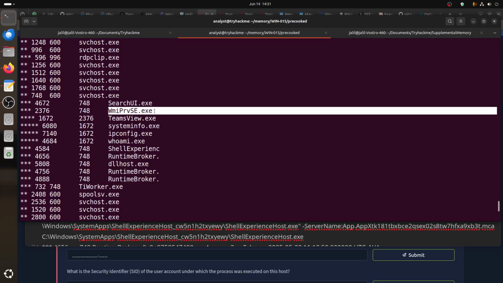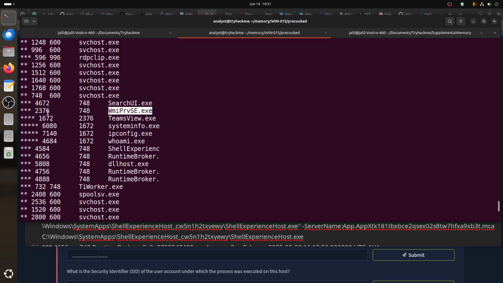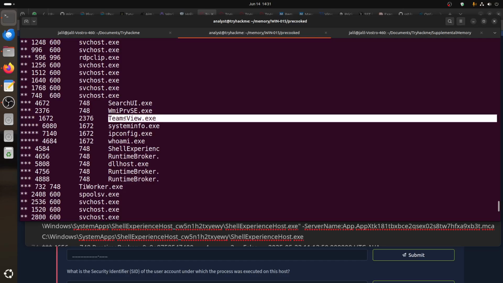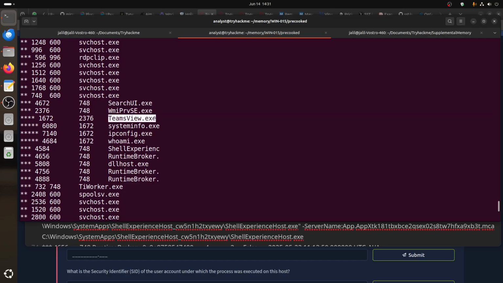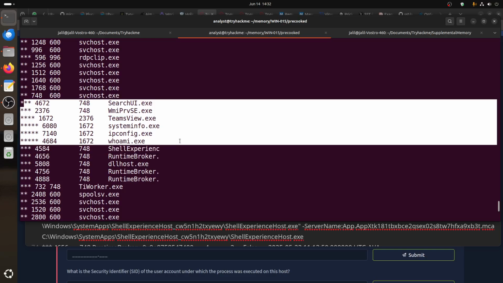This one is a parent process, so process 2376, and then you can see it is the parent process for TeamViewer. After this, there's a launch for TeamViewer.exe, and then process 1672 is now becoming the parent of these processes. So now that's exactly what happened.